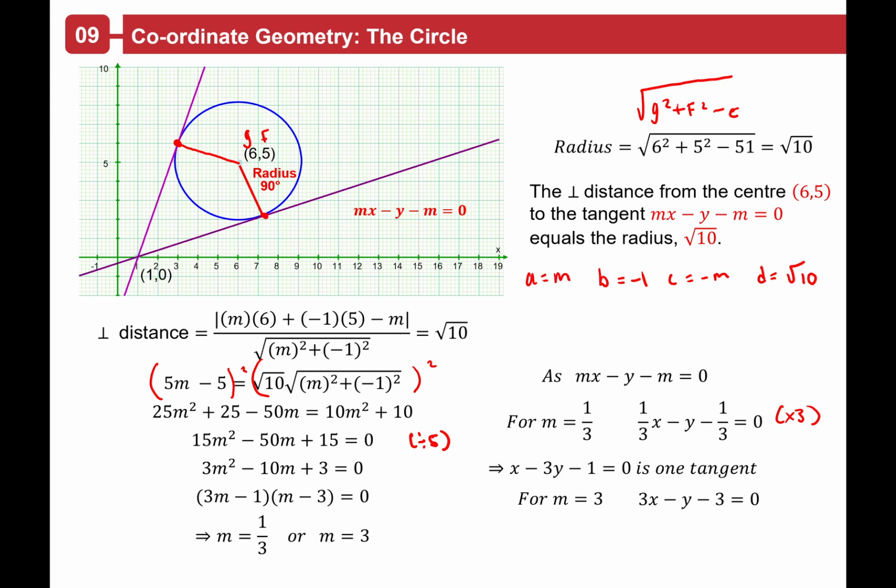Okay, so when you're trying to find the equation of a tangent when the point is outside the circle, you must write your equation of the tangent in terms of m, find the perpendicular distance between the center of your circle and a point that's on your tangent, i.e. find the radius distance.